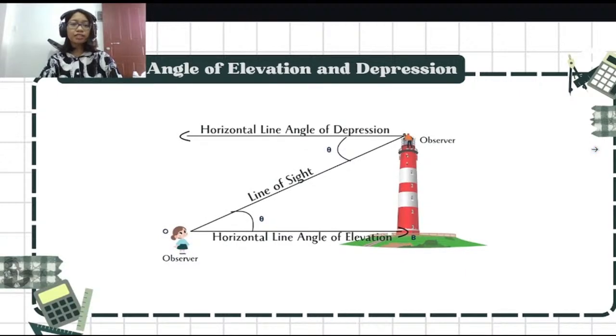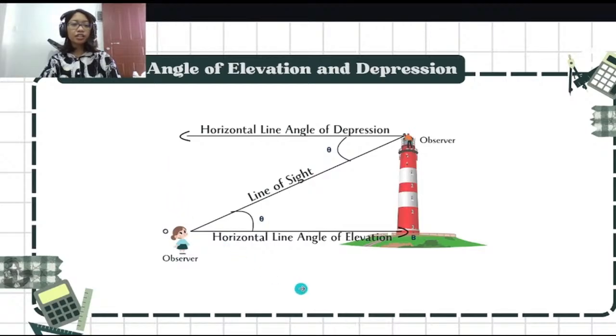Before we proceed, let's recap the concepts discussed by Katrina: the angle of elevation and the angle of depression. The angle of elevation is formed when we look upward from a horizontal line to an object above us, while the angle of depression is formed when we look downward from a horizontal line to an object below us.